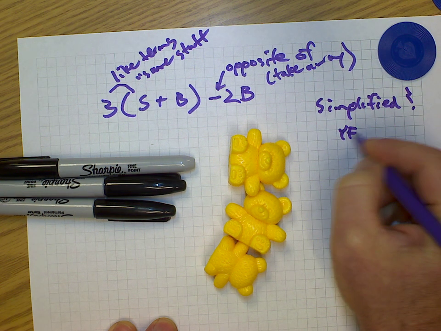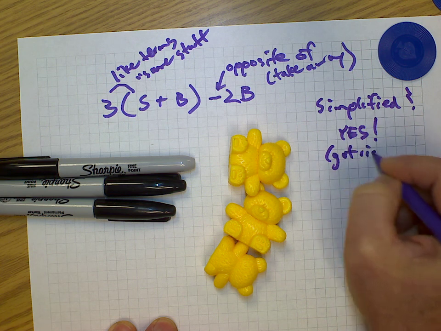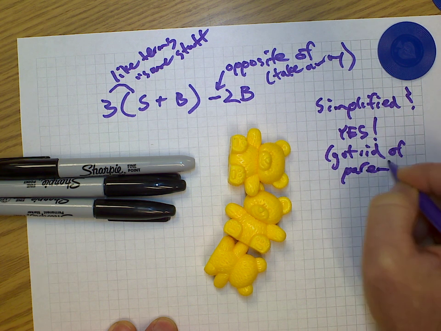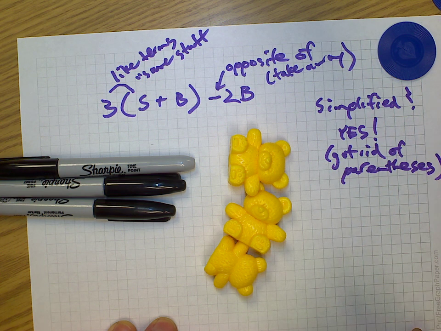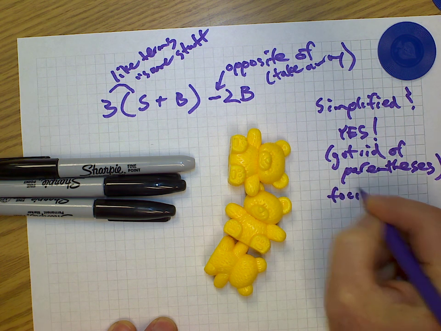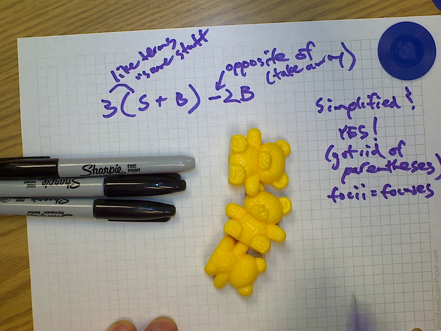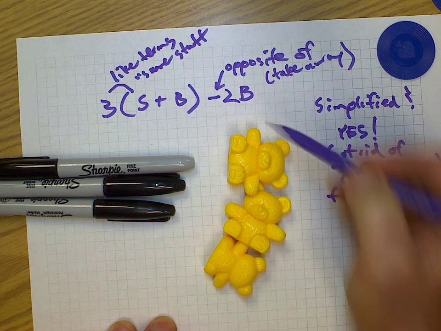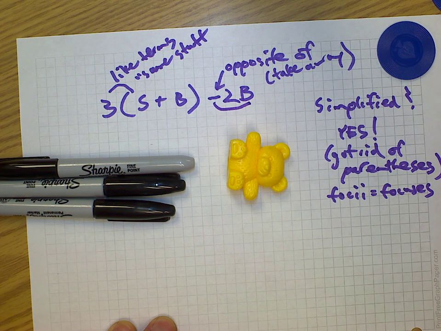Yes, it's simplified because I got rid of parentheses. But that doesn't mean it's simplest, and that'll be one of the focuses of this video, one of the foci of this video. Plural. Now that I've gotten rid of parentheses, I can take away 2 bears.